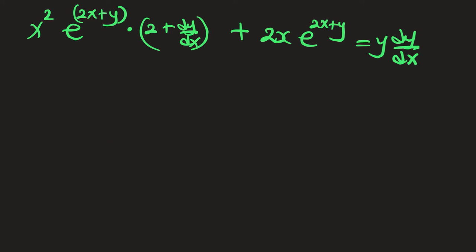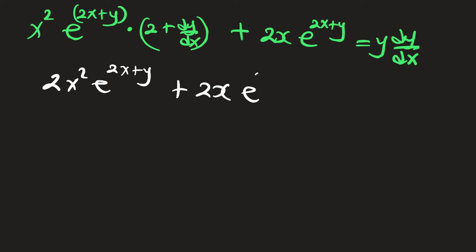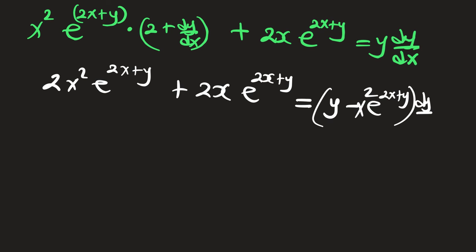So we have 2x squared e to the 2x plus y, opening the parenthesis, plus 2x e to the 2x plus y, equal to y minus x squared e to the 2x plus y, times dy/dx.